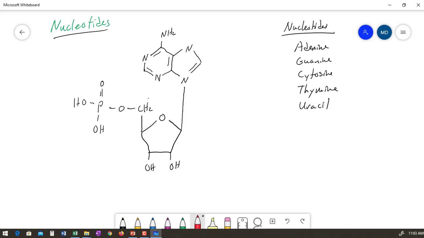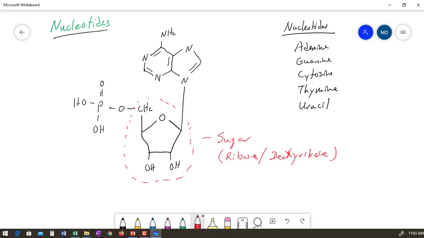So this part down here is a sugar ring. And the sugar is either ribose or deoxyribose. It can be either one.